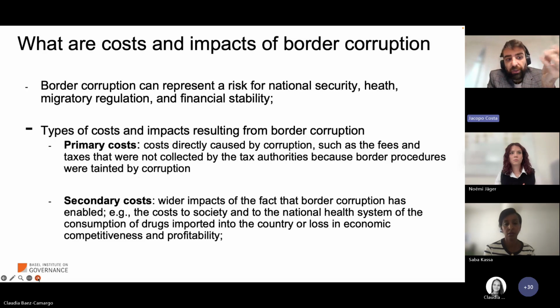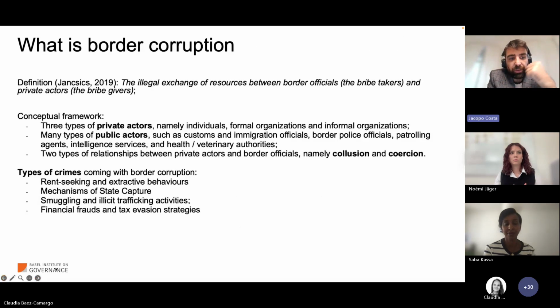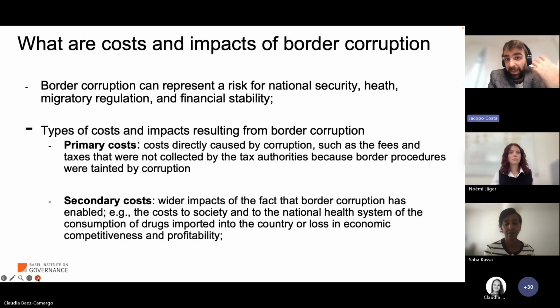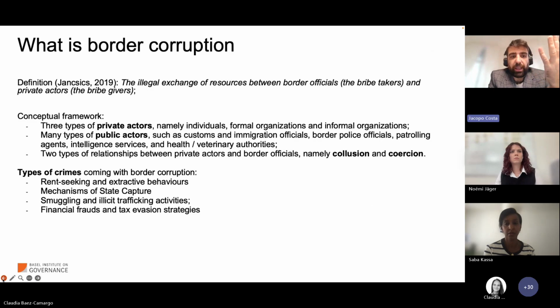On the other side, we have many types of public actors: customs and immigration officials, border police officials, patrolling agents, intelligence services, and health and veterinary authorities. Depending on the place where we are doing our analysis or our investigation, we can find different types of public agents.